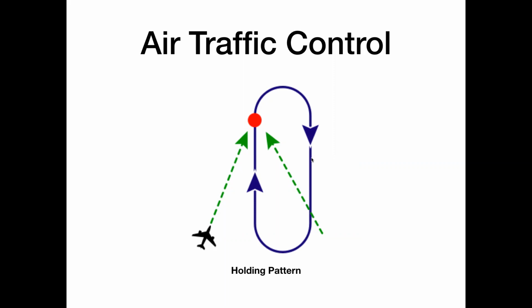You want to make sure that the plane which has more fuel can stay there for 15 minutes or 30 minutes. That's where they do all those calculations, and then they create a holding pattern. Like you see the plane is always there rotating, that's what they're doing, because this is a holding pattern.